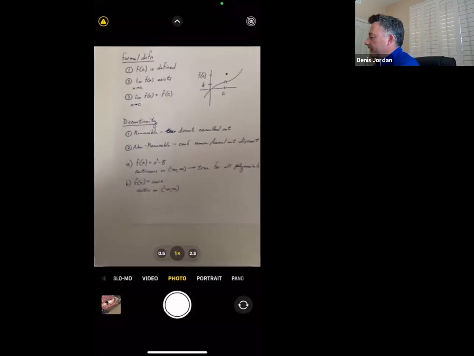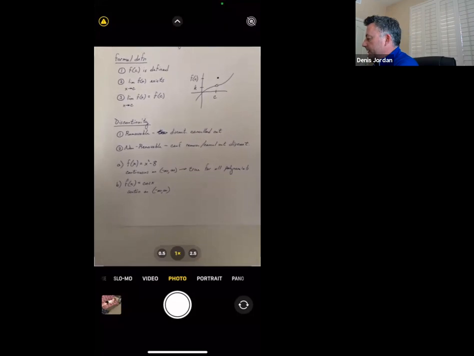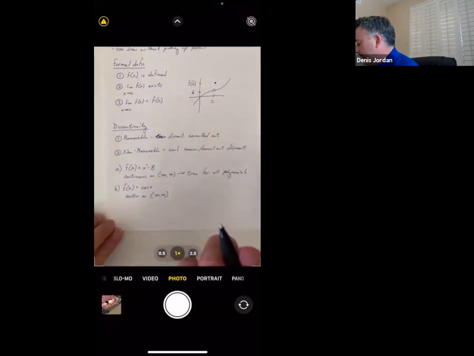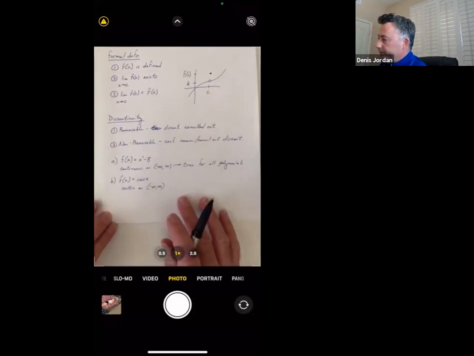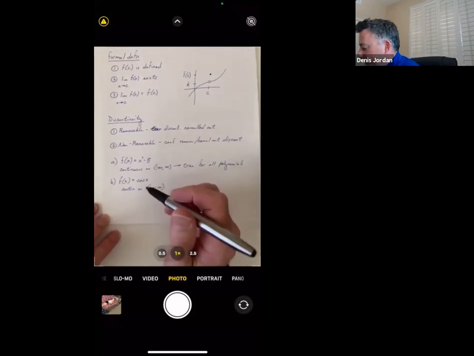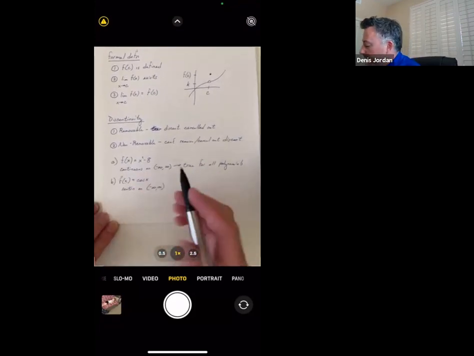There are no holes, jumps, skips, or vertical asymptotes in the graph of cosine. Sine would be the same thing. But the other four trig functions, tangent, cotangent, secant, and cosecant, are not everywhere continuous because they have vertical asymptotes in them.